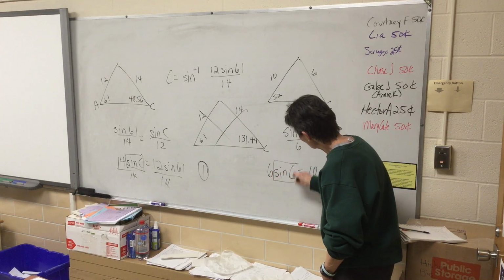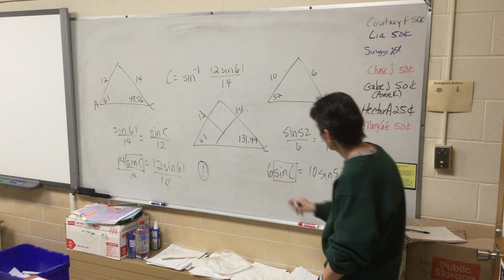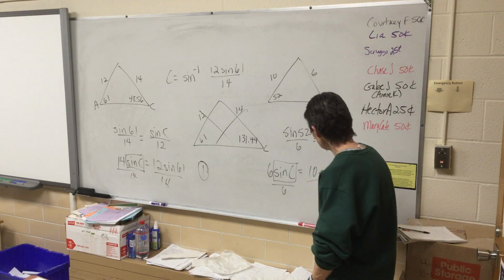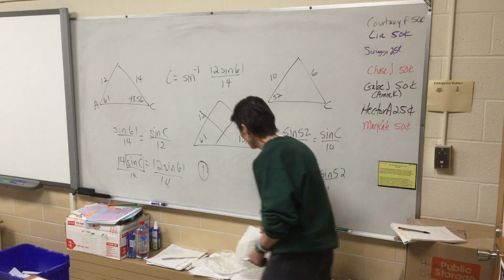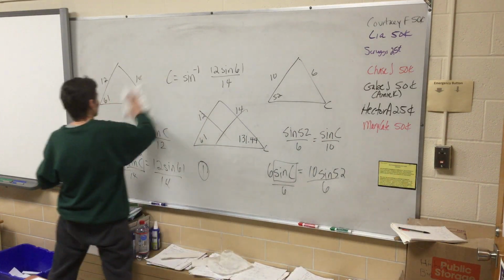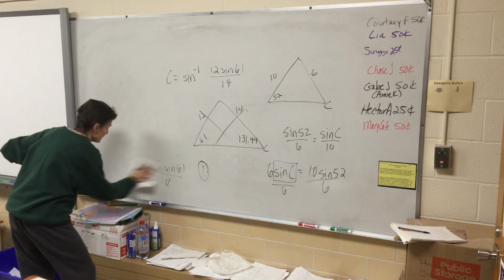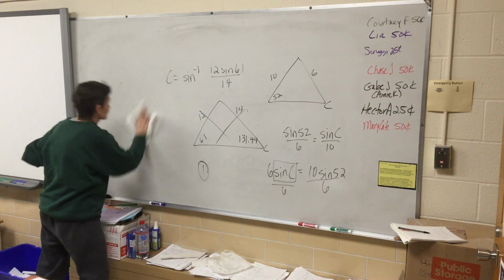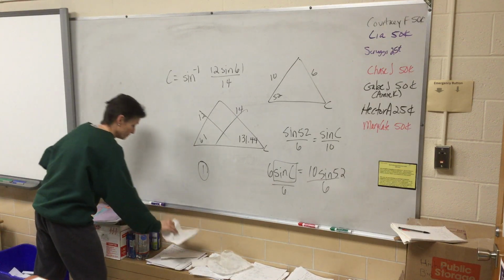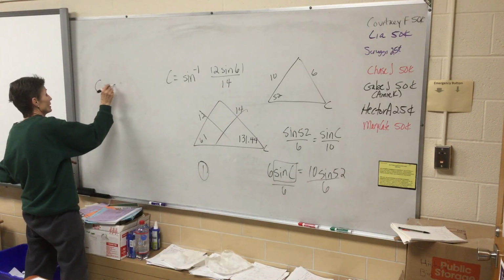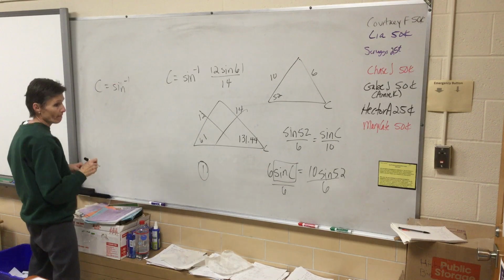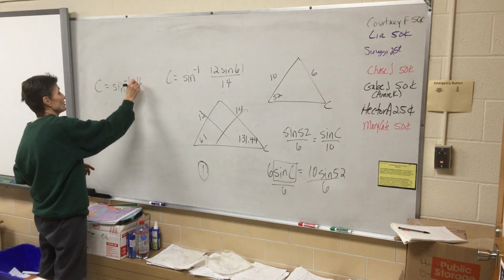This is your variable, sine C. So we'll divide both sides by 6. And C will be second sine of 10 sine 52 over 6.